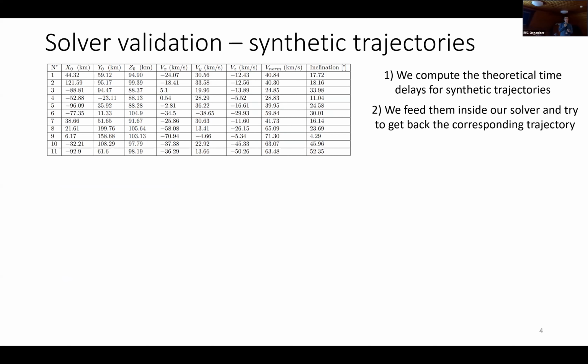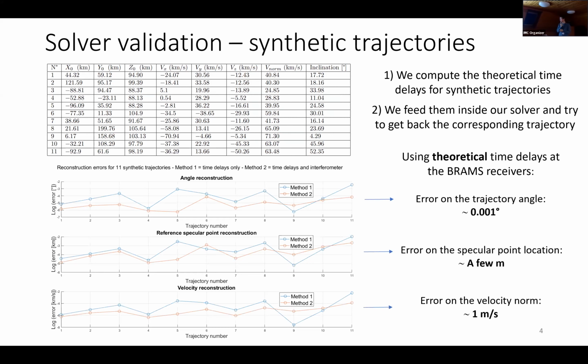But first, before using actual signal, what I did was to generate a certain number of synthetic trajectories. This is a number of them. Here I put 11 of them. I used my model to get the theoretical time delays. Then I extracted those time delays and fed them into my solver and tried to see if I managed to recover the trajectory I initially generated.